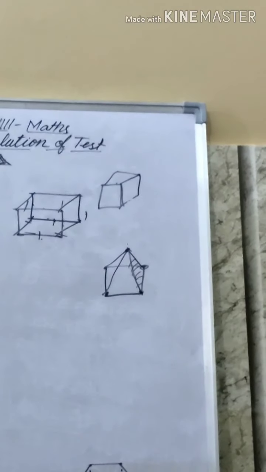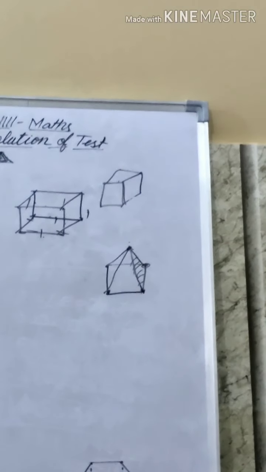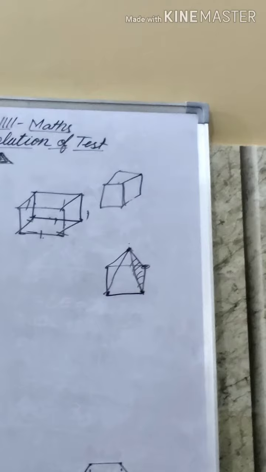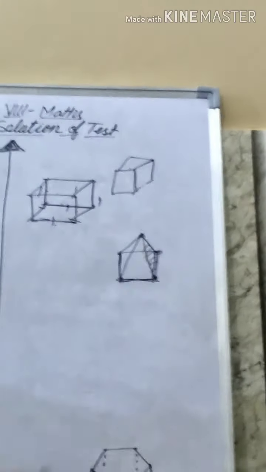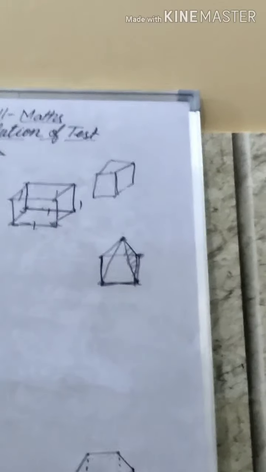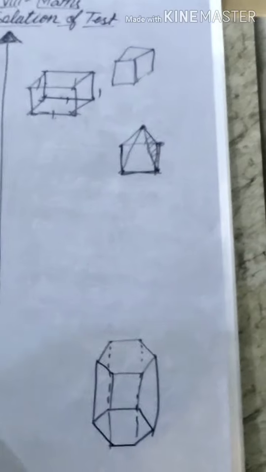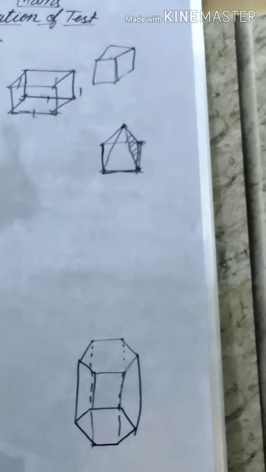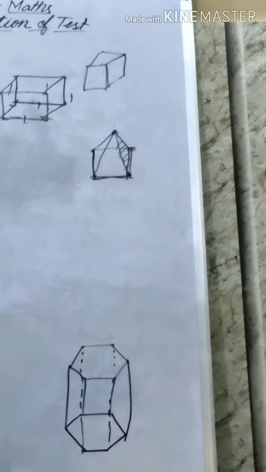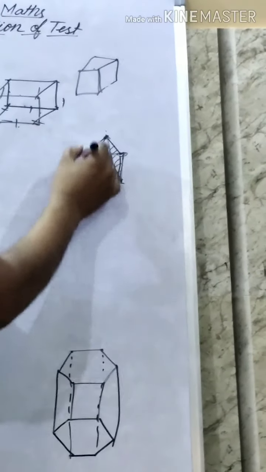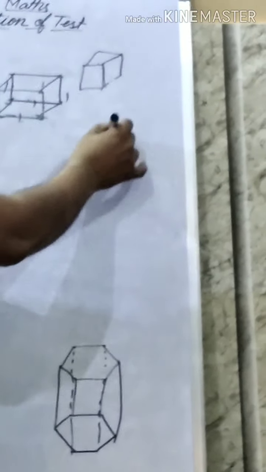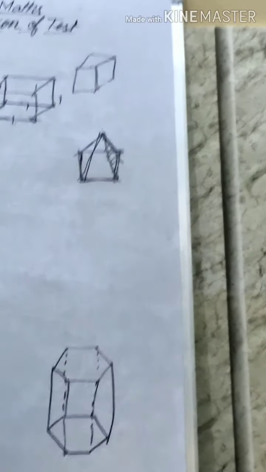Now third, the lateral faces of a pyramid are, what is a pyramid? Pyramid means whose base is a polygon, and then the edges are joining with one vertex. So its base is quadrilateral and is joined with a vertex at one point, and then you see it is a pyramid.